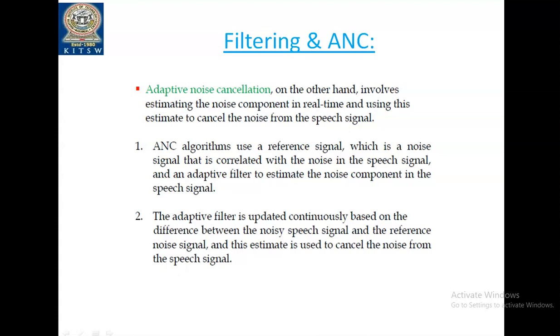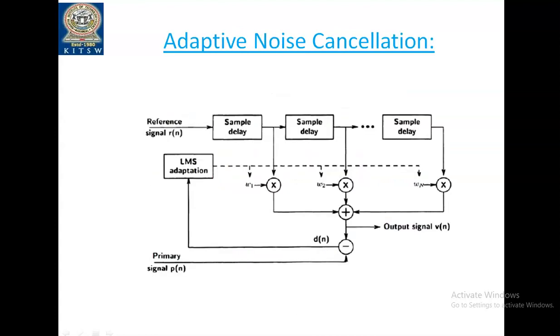The second point: the adaptive filter is updated continuously based on the difference between the noisy speech signal and the reference noise signal, and this estimate is used to cancel the noise from the speech signal. That is the procedure we adopt in adaptive noise cancellation. We use the adaptive filter because it is updated continuously based on the difference between the noisy speech and the reference noise signal, so as to remove the noise from the speech.